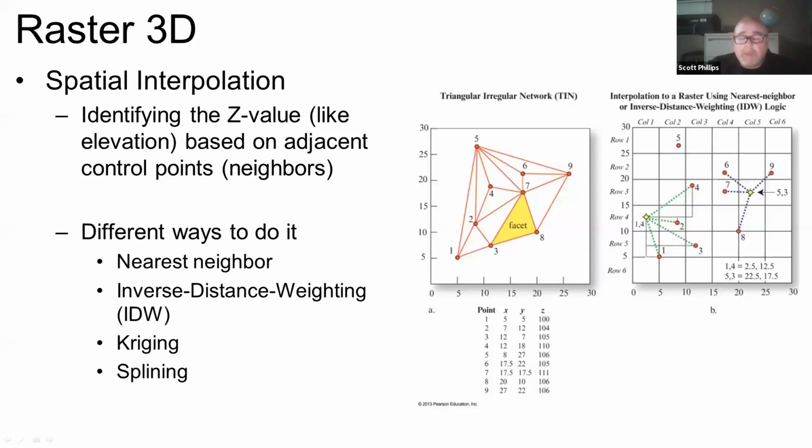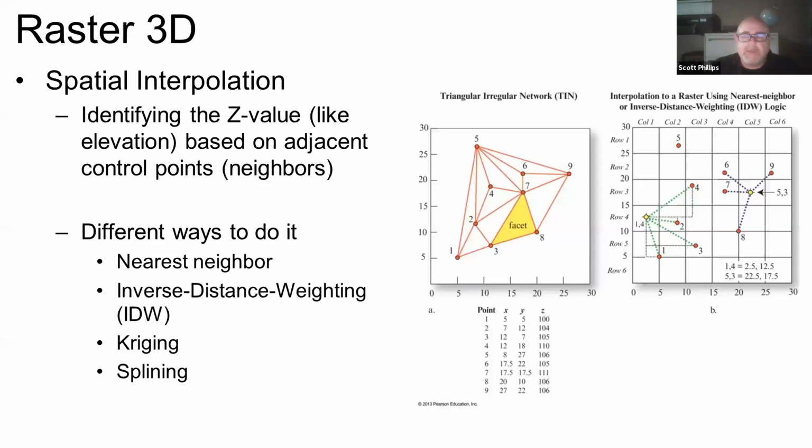So this is called spatial interpolation. It's identifying the Z value, such as elevation, based on adjacent control points or neighbors. And there's different methods to do it. We'll talk briefly about them. Some are very common, some are a little more advanced. So there's nearest neighbor, which is the simplest method, it finds the closest point and takes its value.